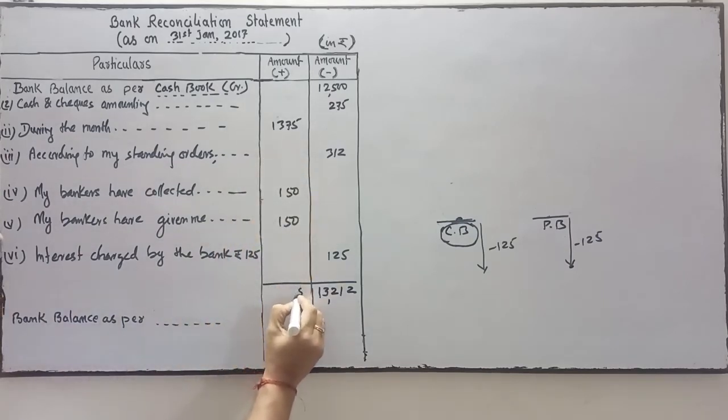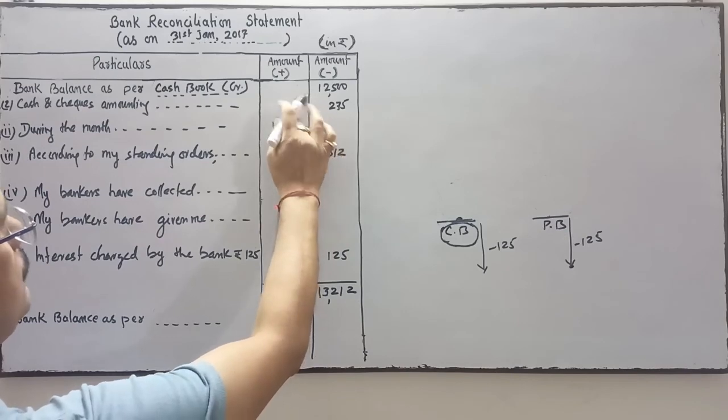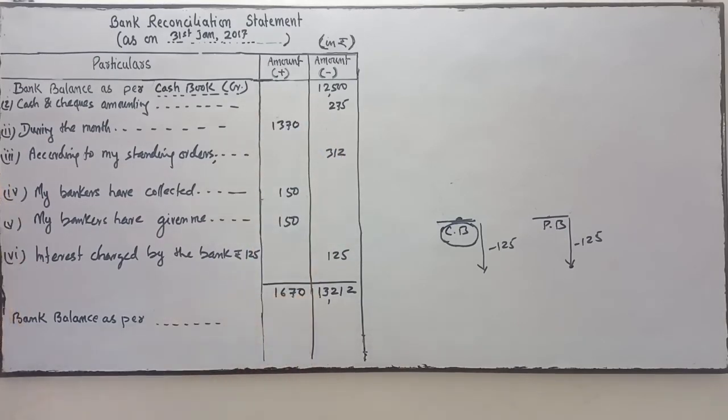And this side total is 1670. Okay, it is 1670. Now find out the difference amount.